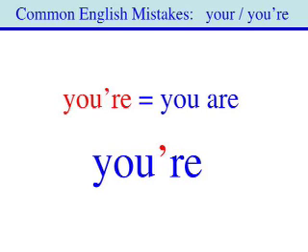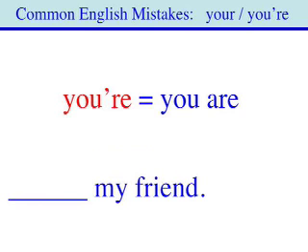So how do you determine if this your is the right your in your sentence? If you can substitute the words you are, then the your that is a contraction is the right spelling. Look at this sentence. The missing word is your, so it says you're my friend.